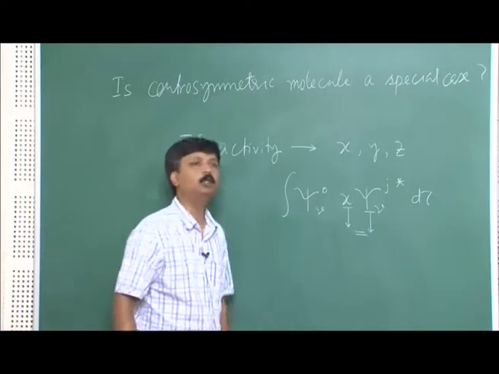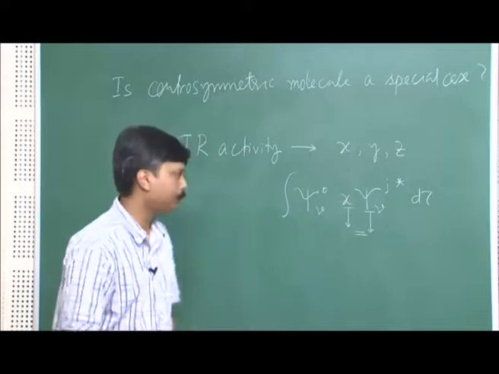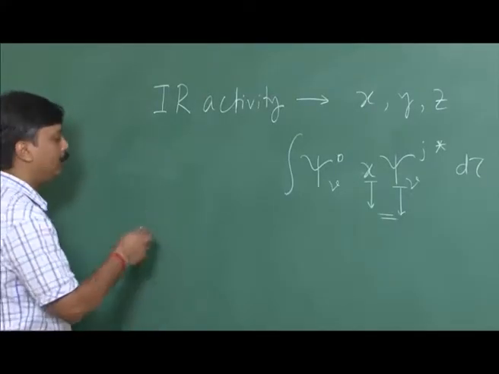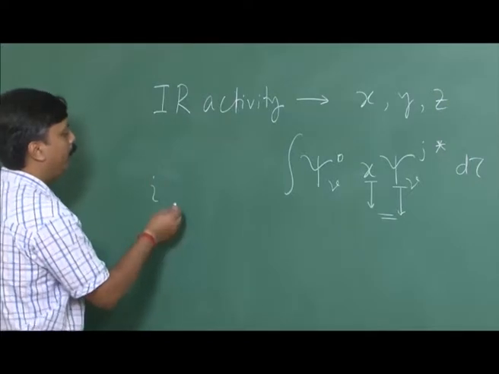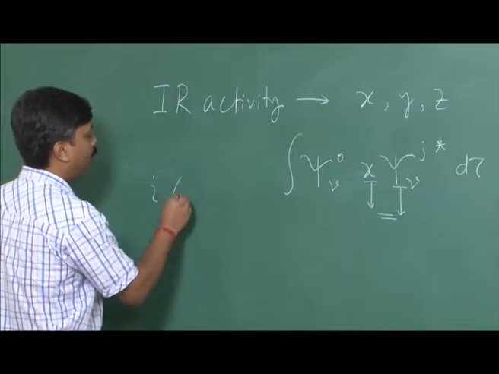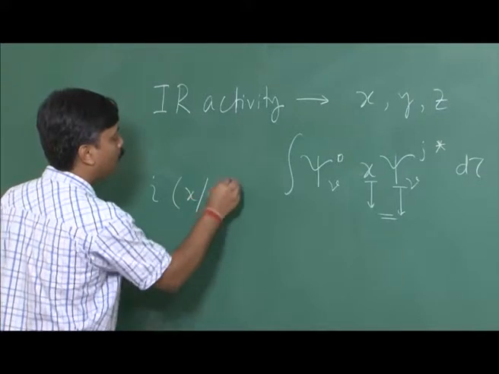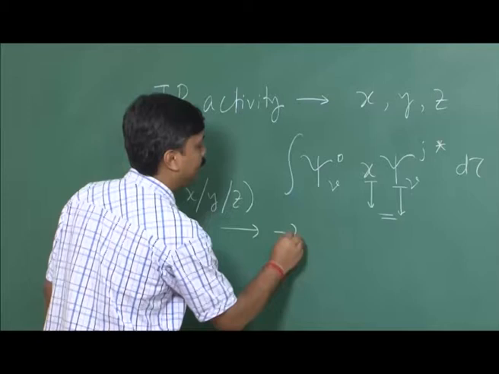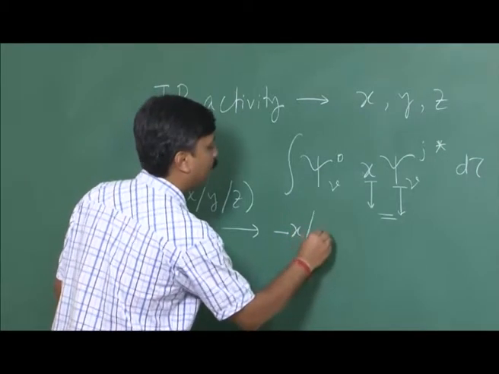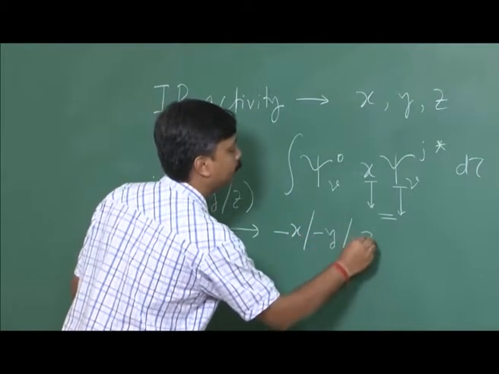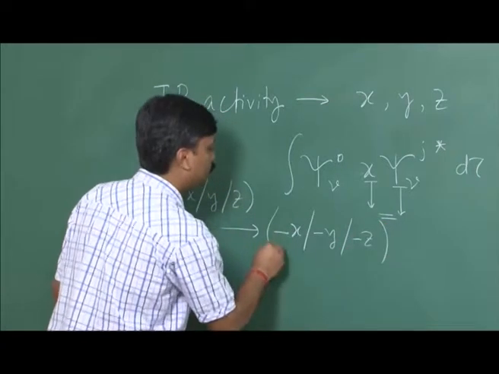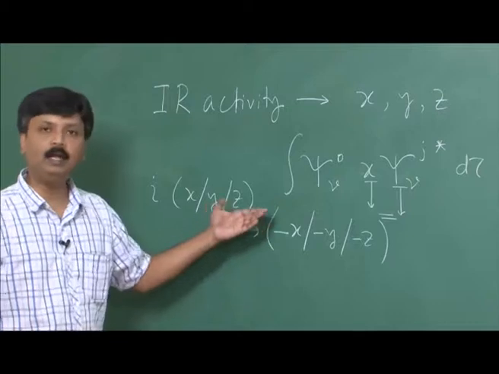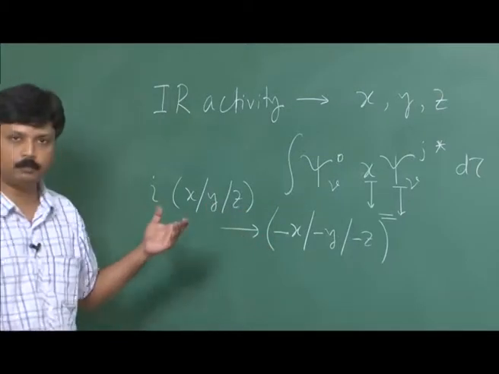For a molecule which has a center of inversion, meaning I have an operation i, what will be the fate of x, y and z? When i operates on either x or y or z, we get either minus x or minus y or minus z. That means x, y, z are anti-symmetric with respect to inversion.